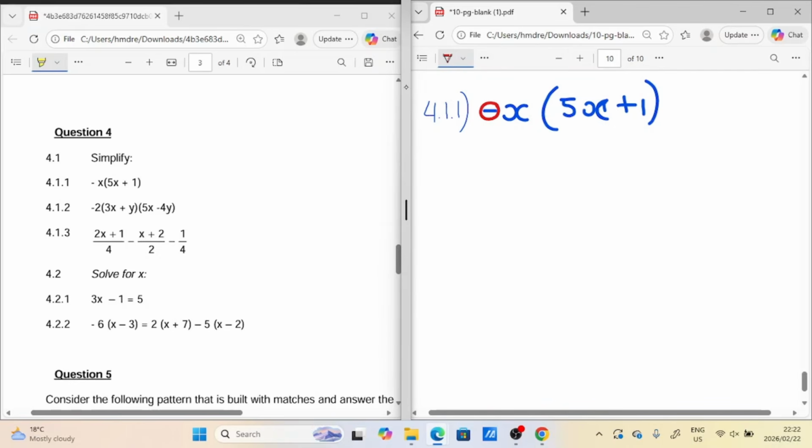So we're going to go negative x times 5x. So that is going to be negative 5x squared. And then negative x times 1 is going to be negative x. We can't simplify any further than that, so that is our final answer for this one.